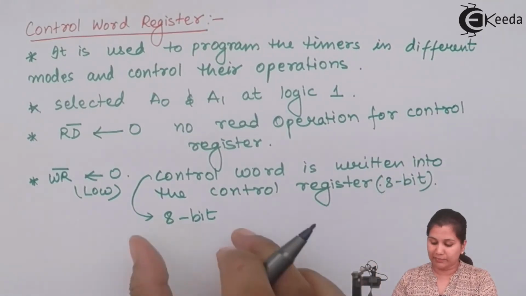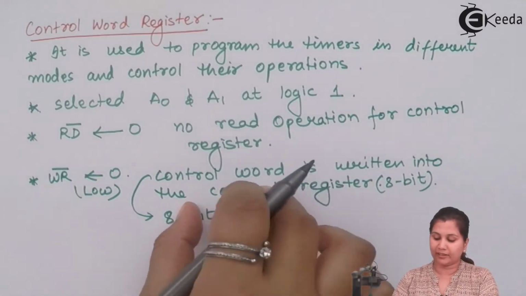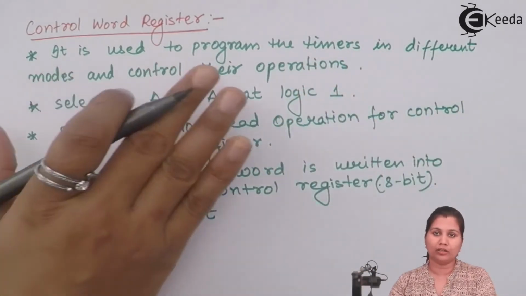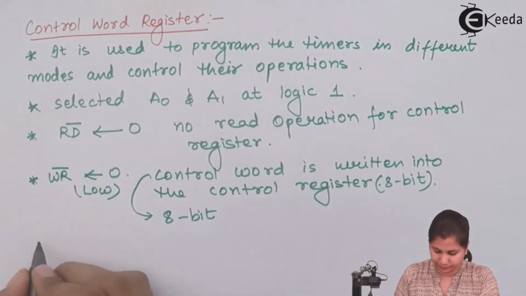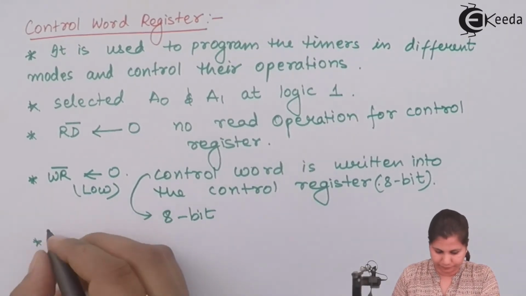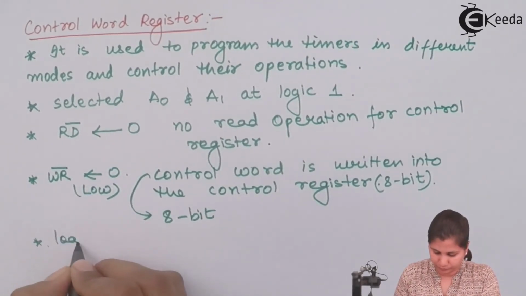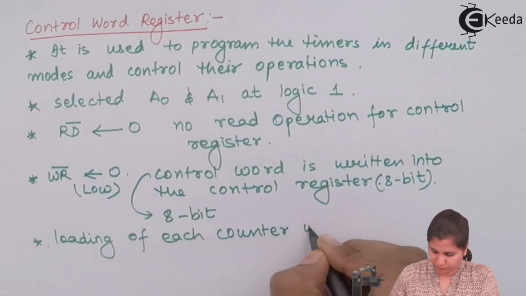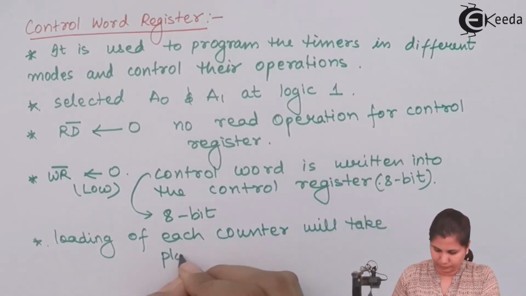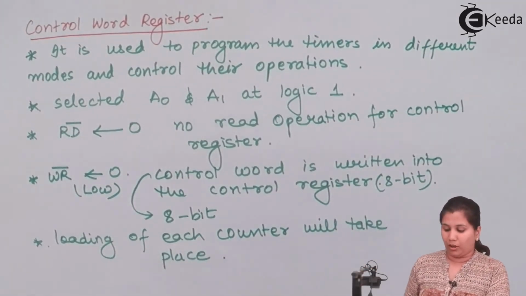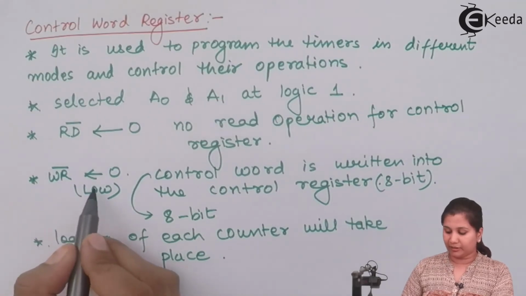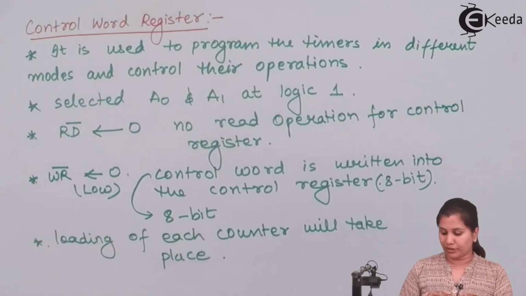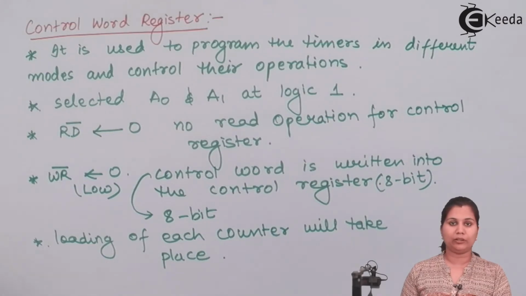And this 8-bit word is going to decide in which modes the timers will work. Now when this write signal is activated and the control word has been written into the control register, the counters will be loaded with their count value, which is also provided by the data bus buffer.